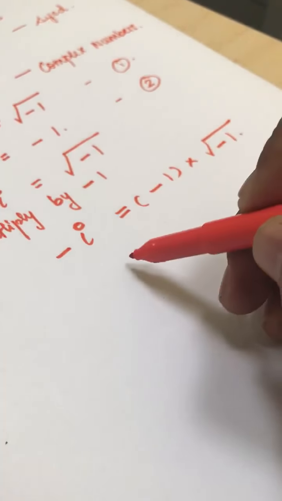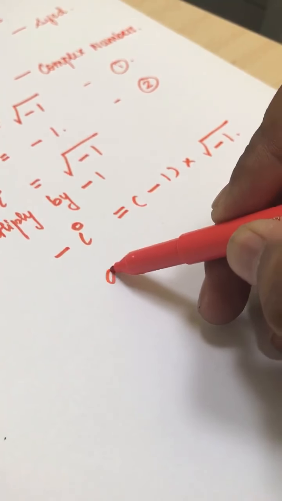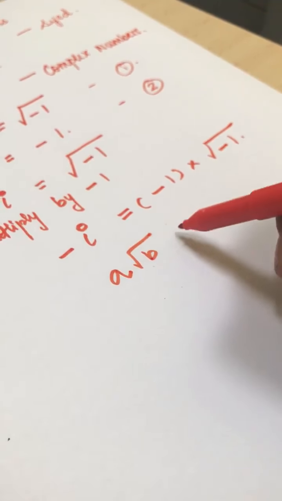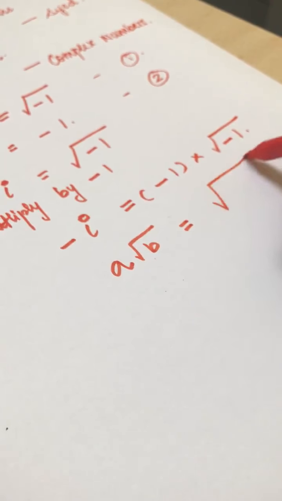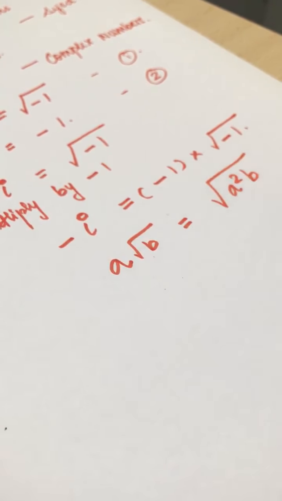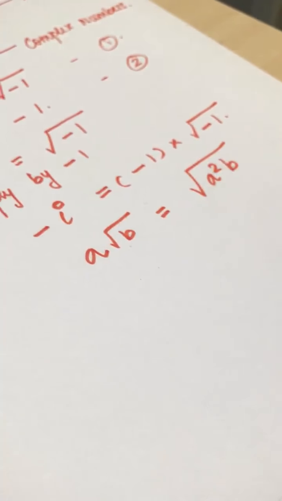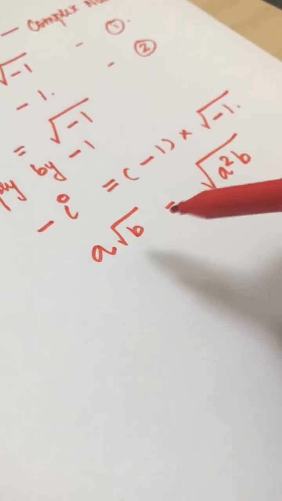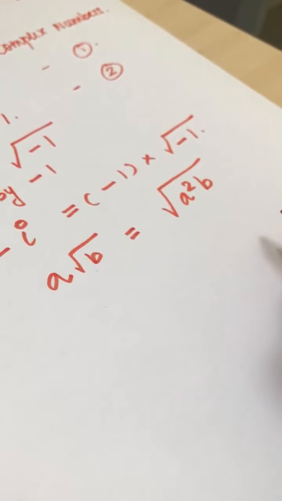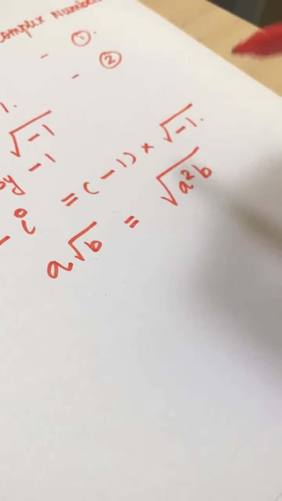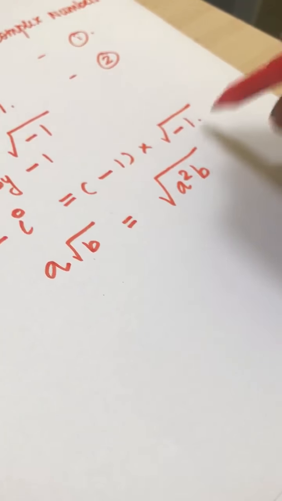We know an identity that if a root b, I can write it as root of a squared b. So when you take a inside, you square it, so a root b becomes the square root of a squared b. So I did the same thing to the previous step.